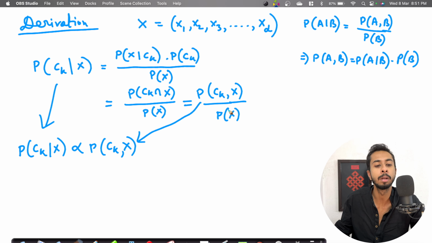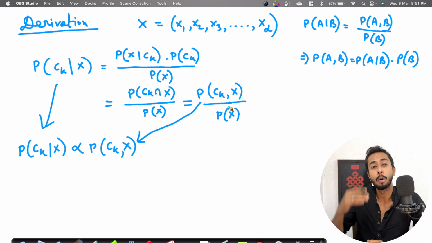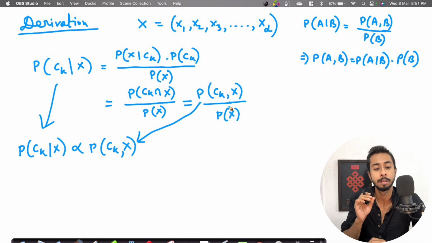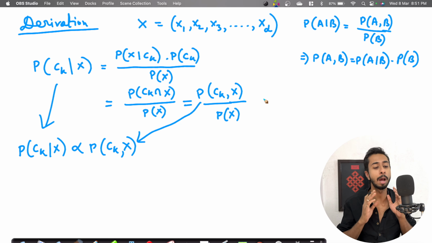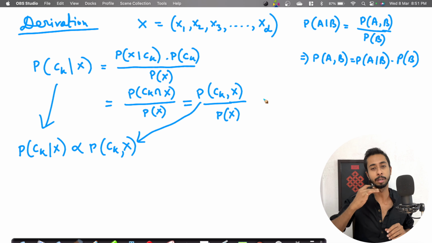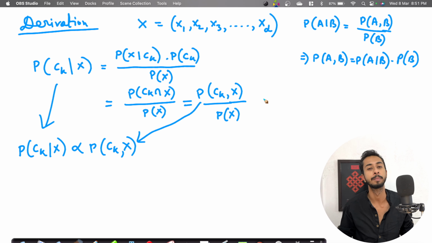I am actually deleting the denominator because for all the k classes, the denominator is similar, right? The denominator is p of x, probability of x, so it is common. So what change will it bring? It will have no effect at all, because the denominator for all the classes will be same.